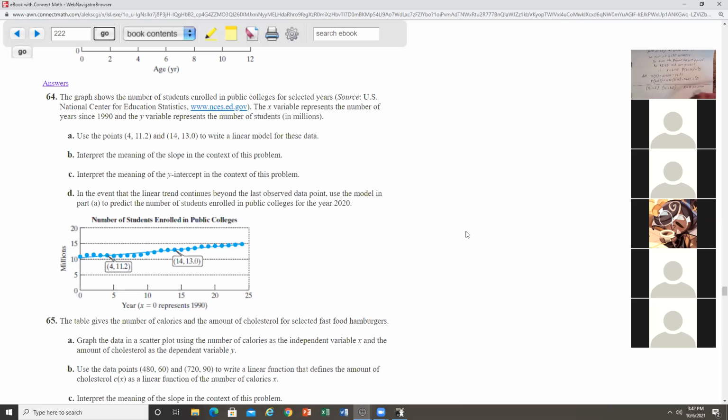What was the starting year? 1990. Y represents what? The number of students, and in what? In millions, right? In millions.